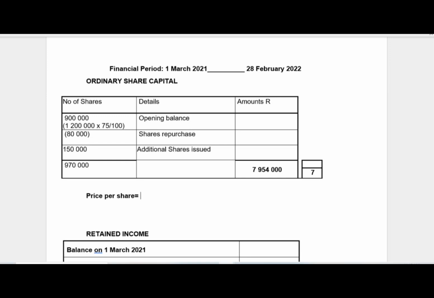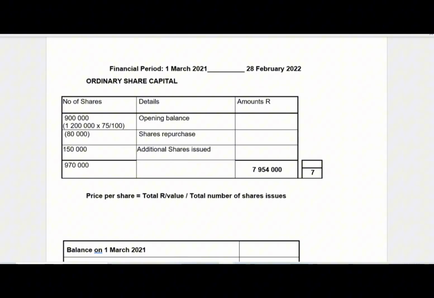So price per share is equal to total rand value divided by total number of shares issued.